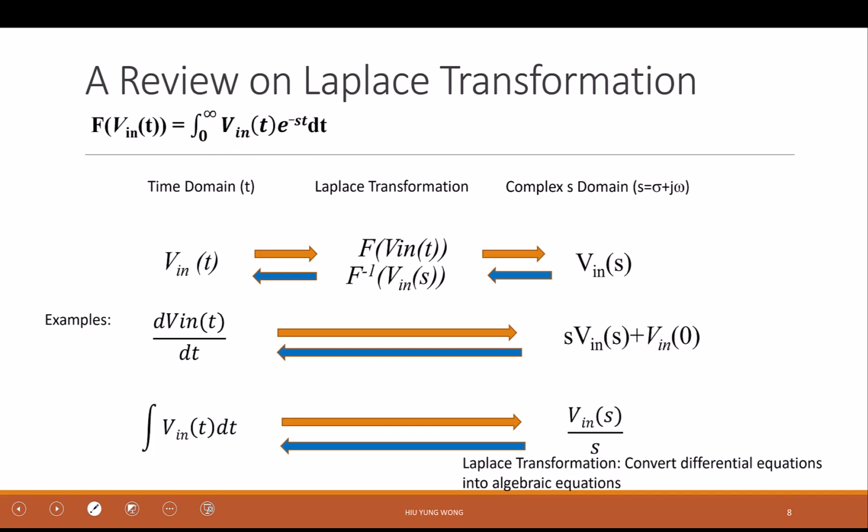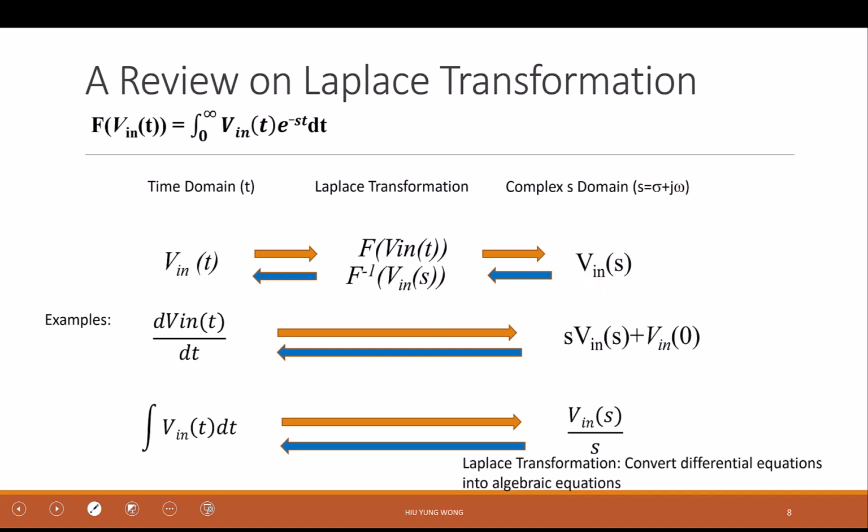But why I want to do this is because we are going to use the equation to help us solve the OpAmp. So if you have a signal in the time domain, you use Laplace transformation to bring it into the frequency domain. And just to remind you, the frequency domain is not just omega, it's sigma plus j omega. But in our class, we can just think of omega.